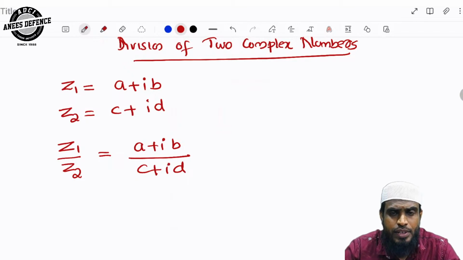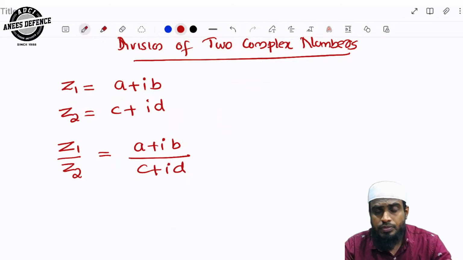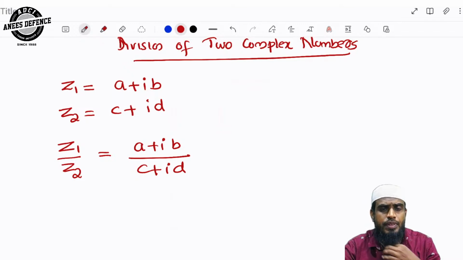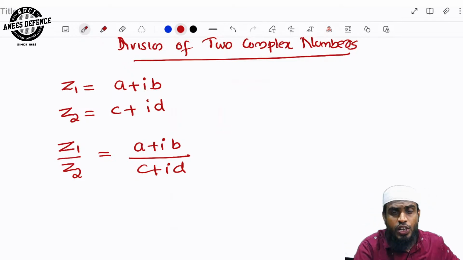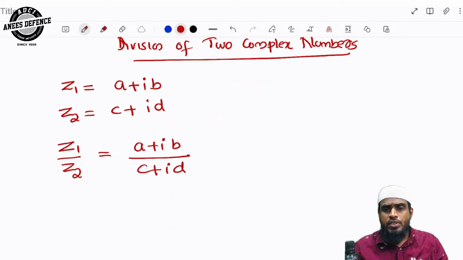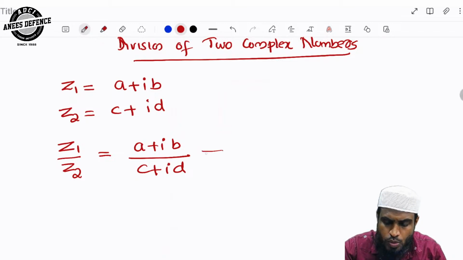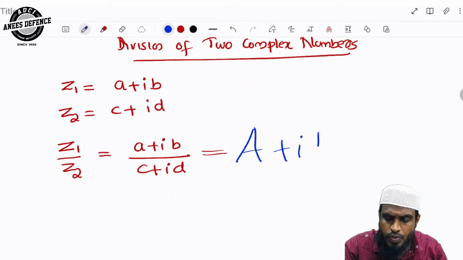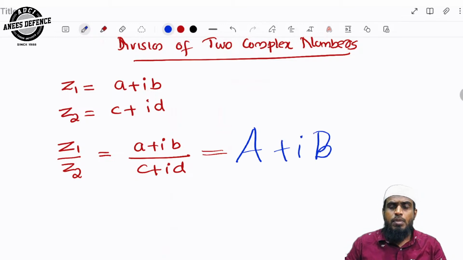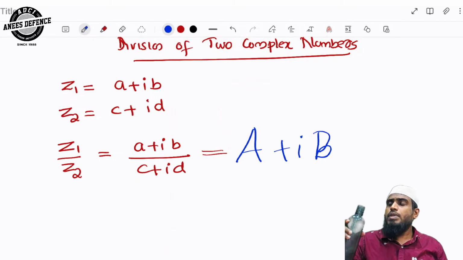Now our headache is that the imaginary part is coming in the denominator. So we have to remove that imaginary part from the denominator and convert that into a normal complex form, that is A plus iB form. We don't want any imaginary part in the denominator.